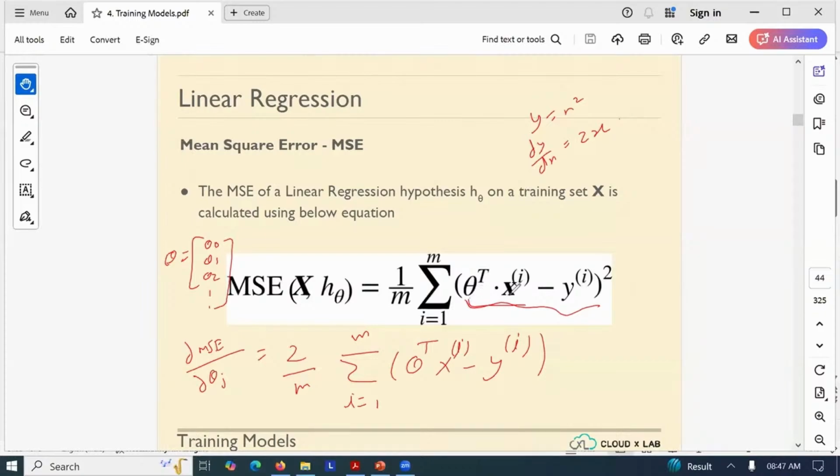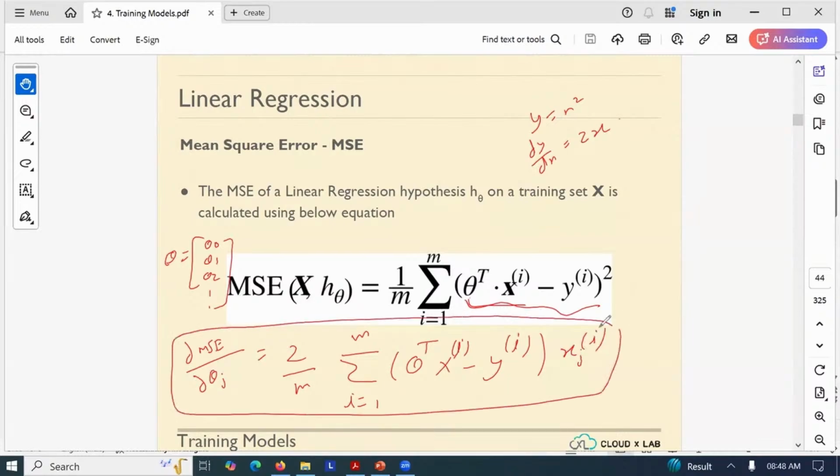And the corresponding x values, x1, x2, x3. Since we are differentiating with respect to theta j, and we are keeping all other thetas constant, here we will get the term xj, right? So if you differentiate this function with respect to theta j, you will get this value, right? So as you can see here, we are calculating partial derivatives here, right?